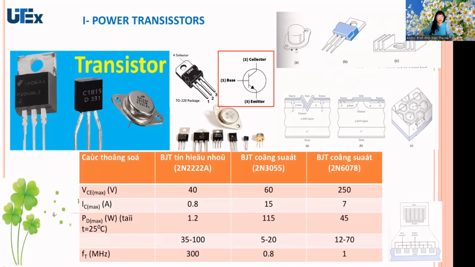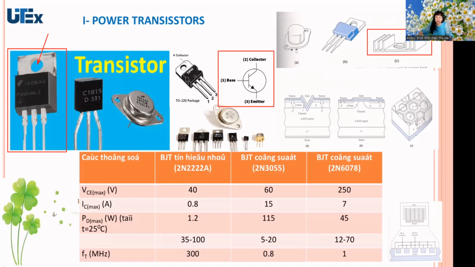Power transistors have some features, you can see here, for dispersion of temperature. That's why they have a place where you can have some space for dispersing temperature when the temperature increases while the transistor is working.